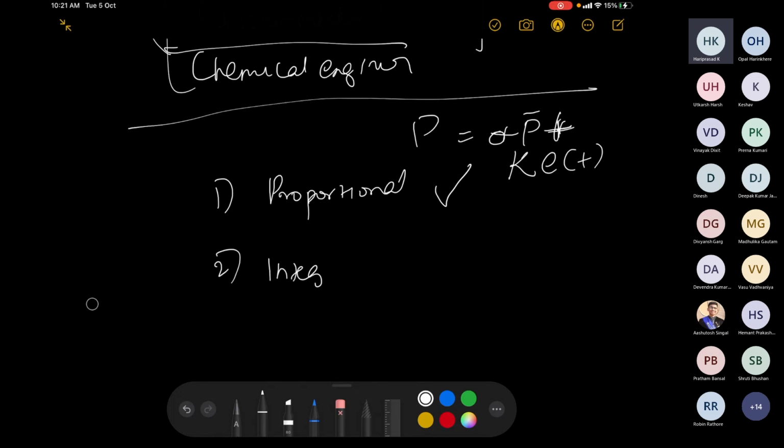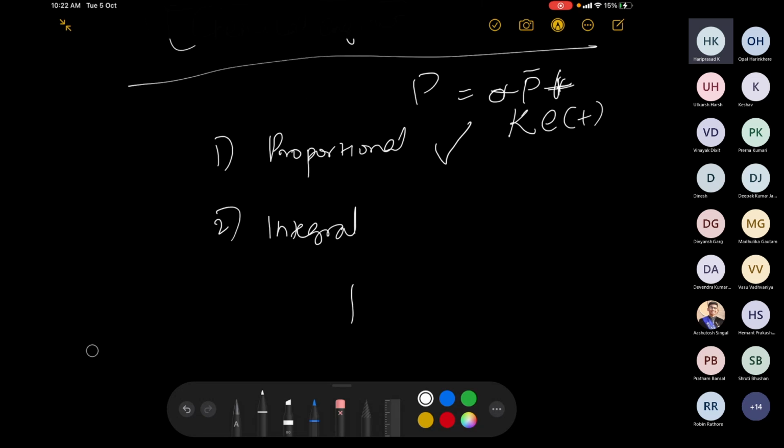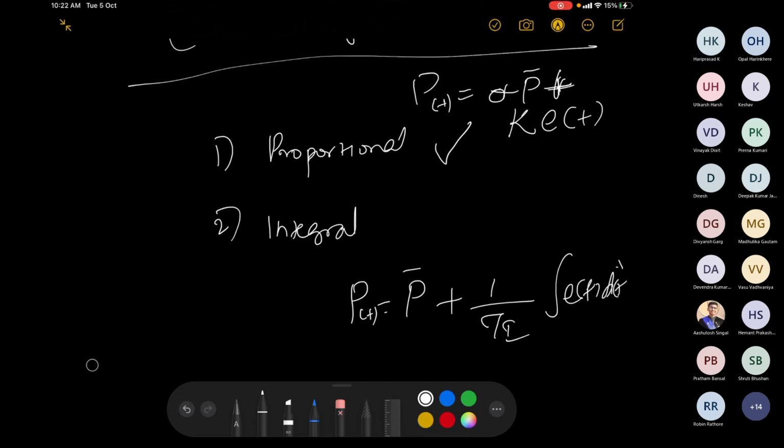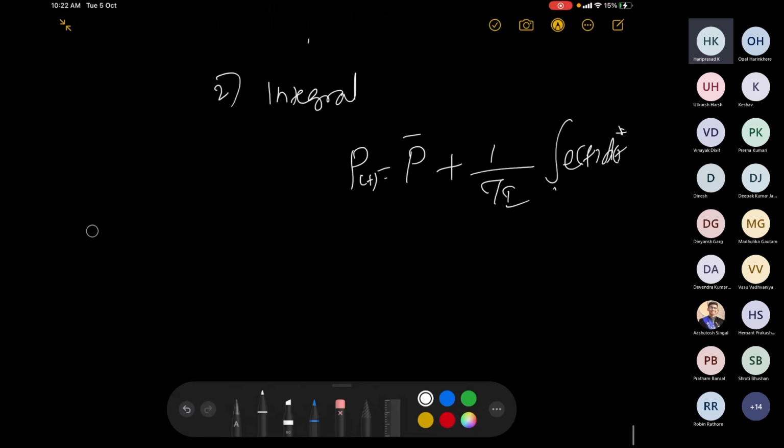Now comes integral. We have started the discussion on the integral term. So integral control will also have a bias: P of t is equal to P bar plus 1 by tau I, which is generally called the integral time. So what is the key difference here?